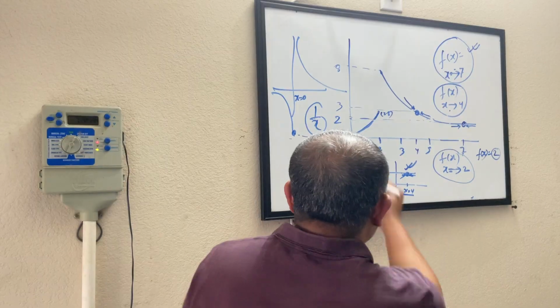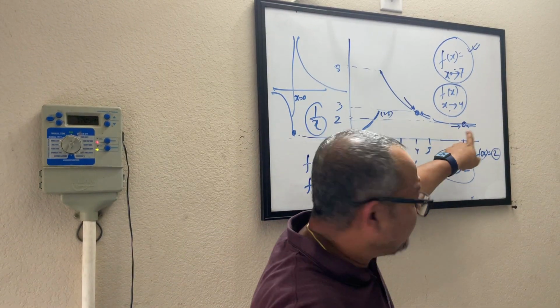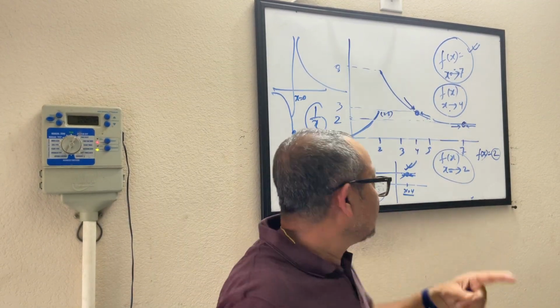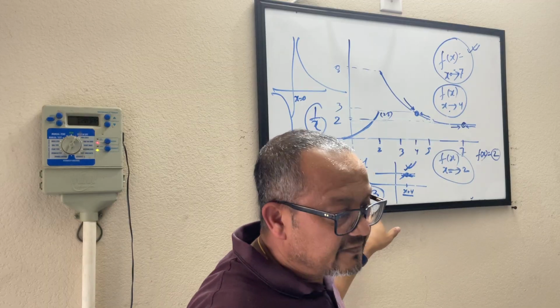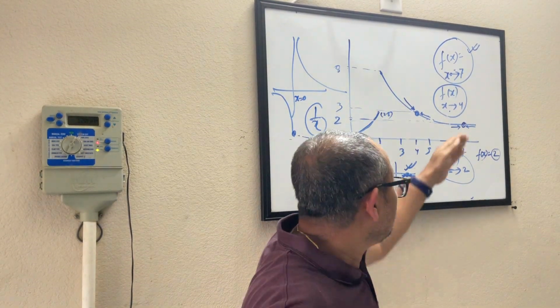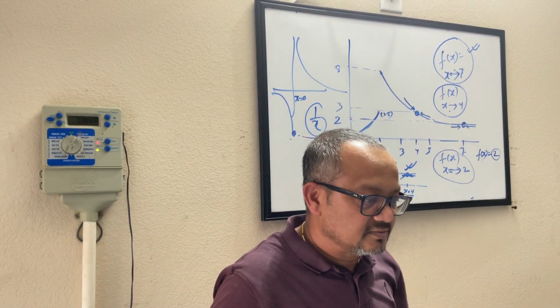Let's say in this case x equal to, let's say, 3 is defined. So even if 3 happens to be a limiting point, it's contiguous in nature, it doesn't break, it remains defined. So the function at this point is defined, and the limiting value is equal to the value of the function.